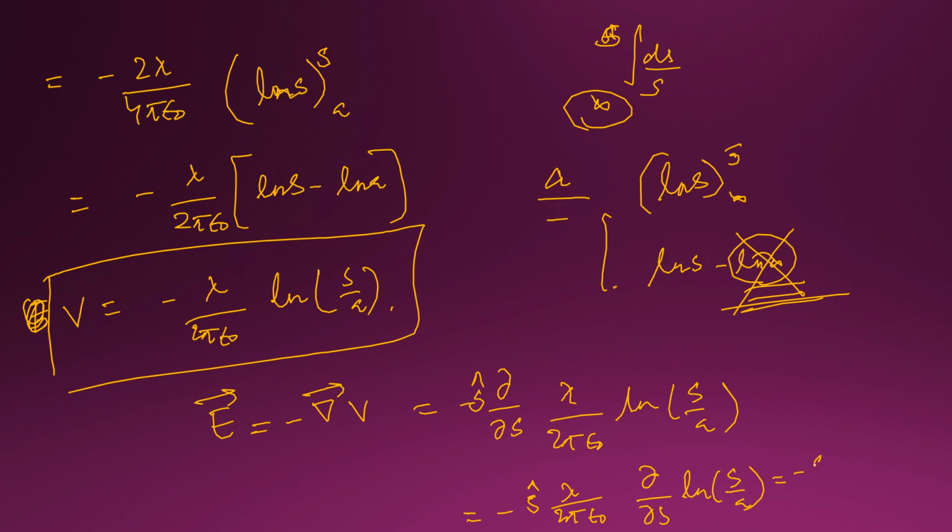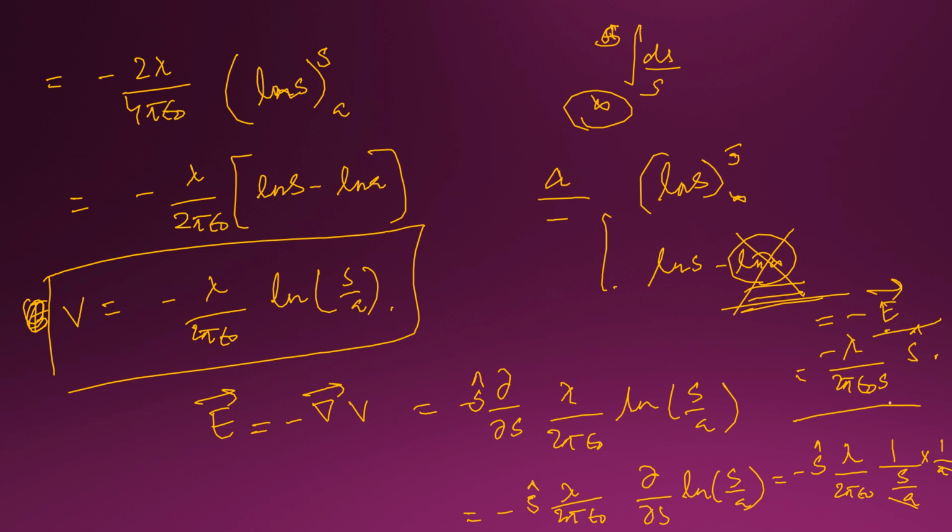This one will be 1 by s by a into the derivative of s by a, that is 1 by a, so 1 by s. So this will be minus lambda by 2 pi epsilon naught s, s cap. Isn't it your electric field? Yeah, very good. The minus here. Okay.